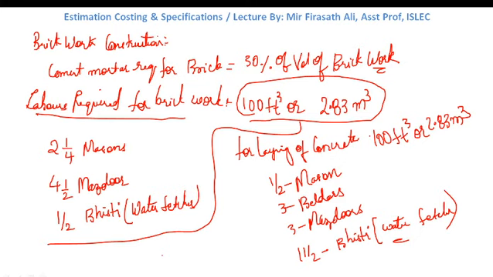So before estimating or doing the rate analysis, we should at least know this. We need not remember this, but from an exam point of view, we need to remember it. But generally, while estimating, we have all this data available in our schedule of rates book, so from that we can look and properly estimate it.